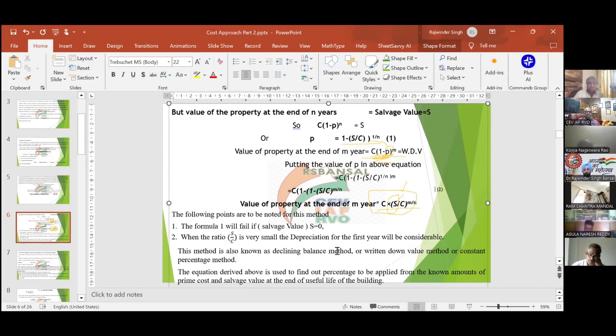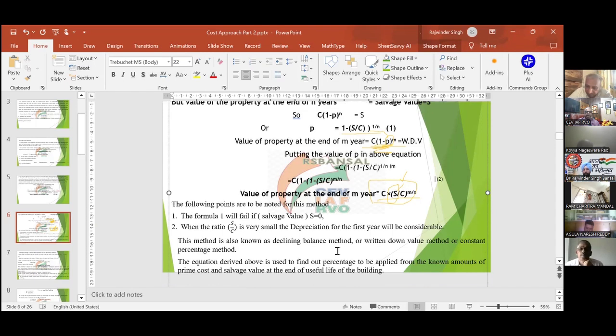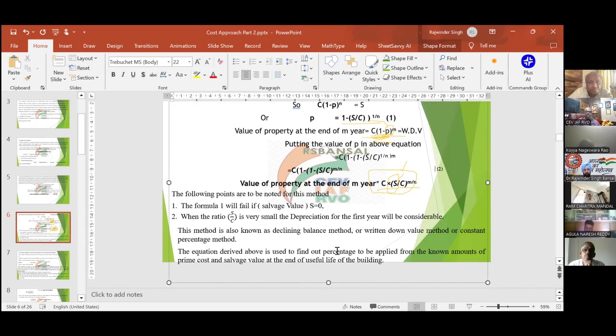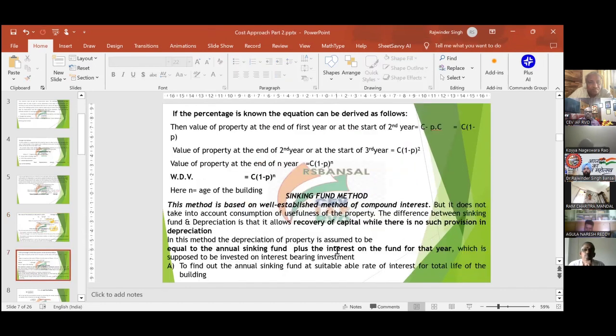So this method is also called declining balance method, or written down value method, or constant percentage method. Generally we will be using the formula C into (1 minus P) raised to power n in most of the cases.